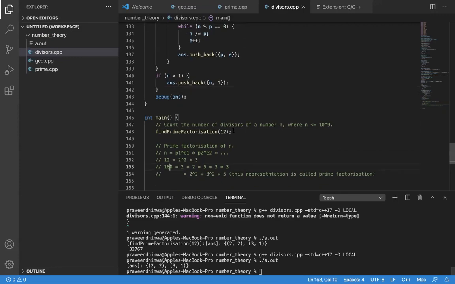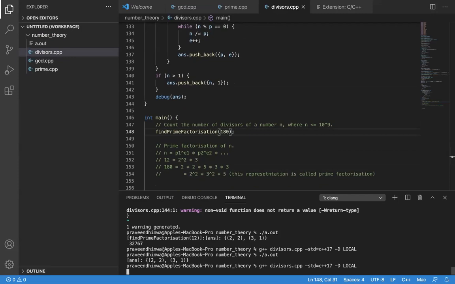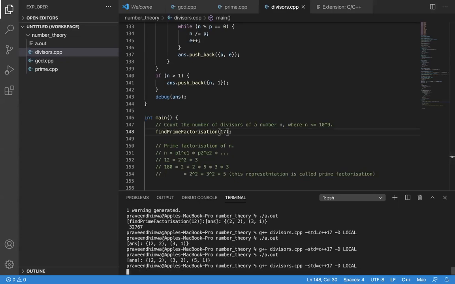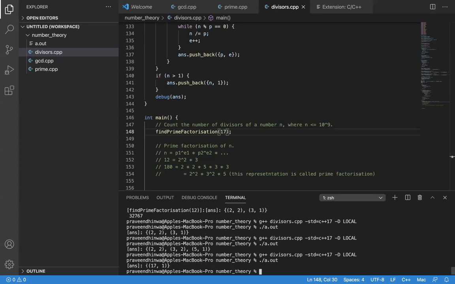So let's try it with 180. It should be 2, 2, 3, 2 and 5, 1. Yes, 2, 2, 3, 2 and 5, 1. Let's try it with 17, a single prime number itself. And this gives 17, 1.